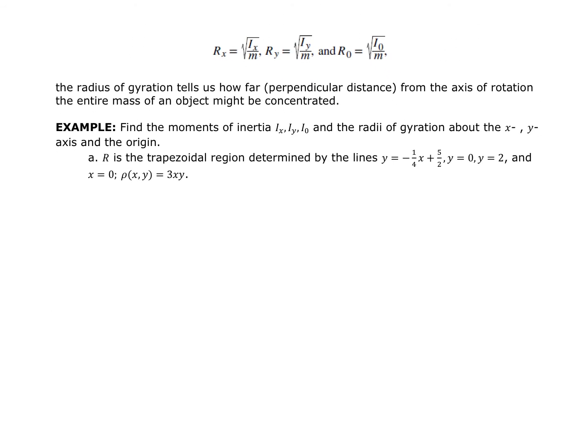Looking at these examples, we want to find the moment of inertia and the radii of gyration about the x and y axes and the origin. So I need to find my moment of inertia with respect to x. This is going to be the integration over my region of y squared times rho of xy dA.